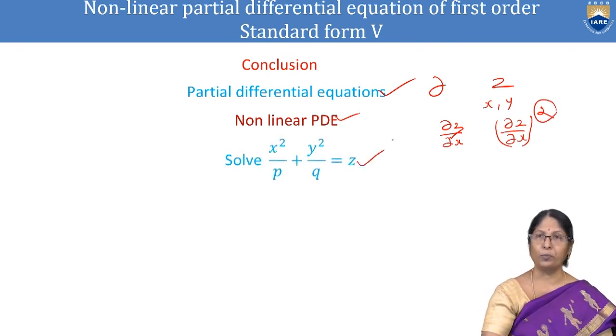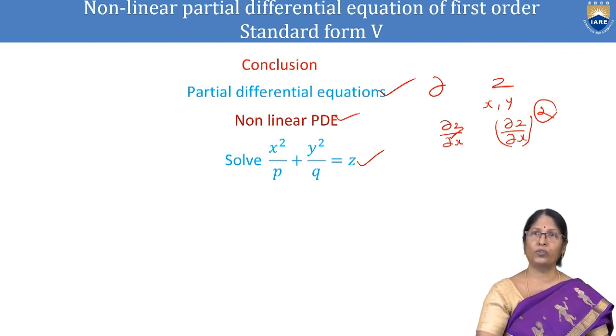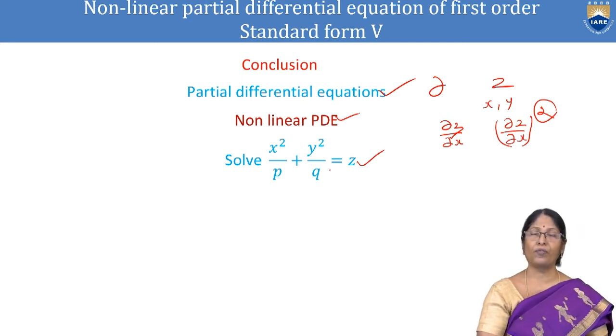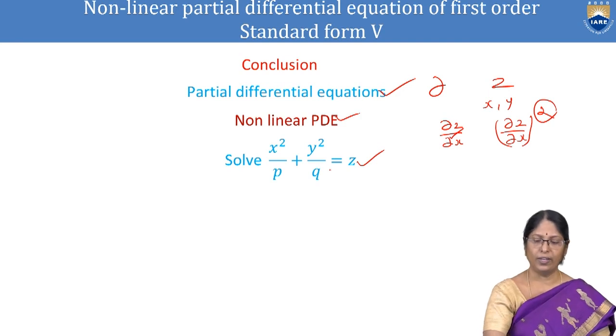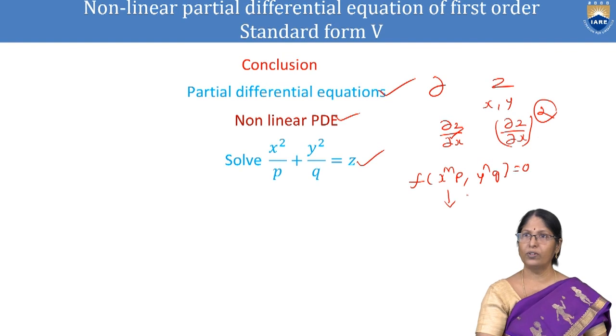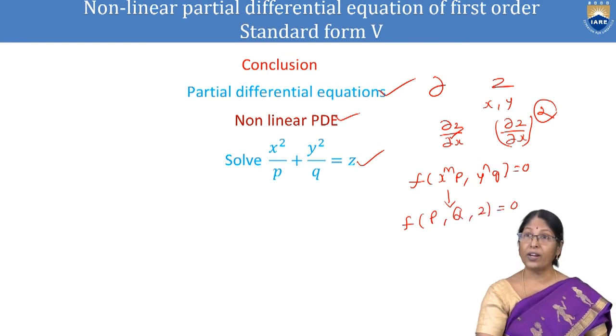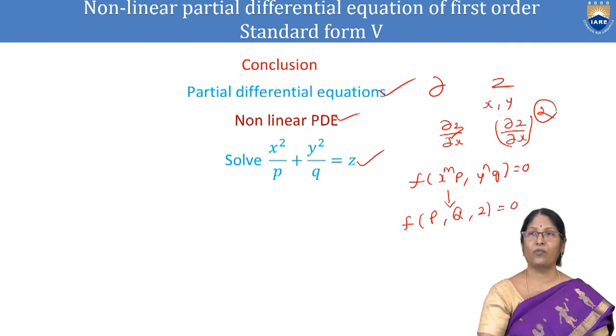And we have taken one problem and we tested standard forms 1, 2, 3, 4, and then this comes into the picture. This is the formation of standard form 5, that is f of x power m p, y power n q equal to 0. Some steps fall out and it is reduced to standard form 2. Standard form 2 strictly doesn't contain x and y. Such a formation we got.